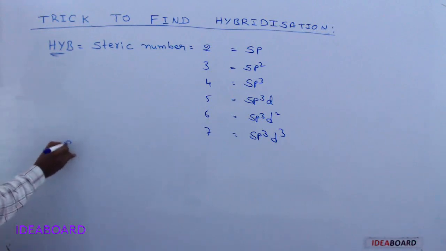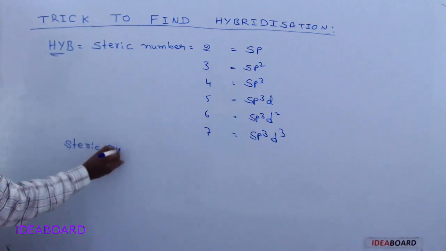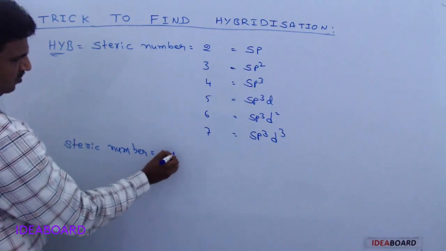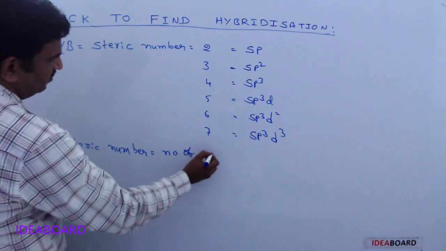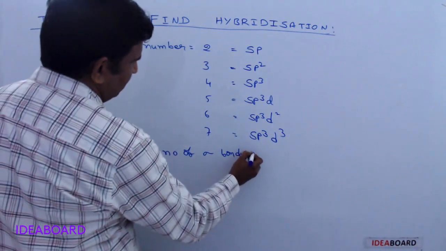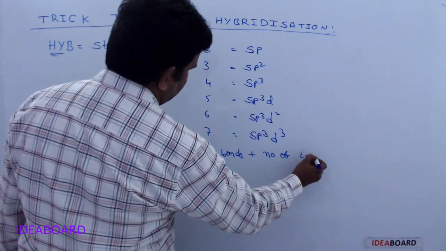Please remember, steric number is simply equal to the number of sigma bonds plus the number of lone pairs.